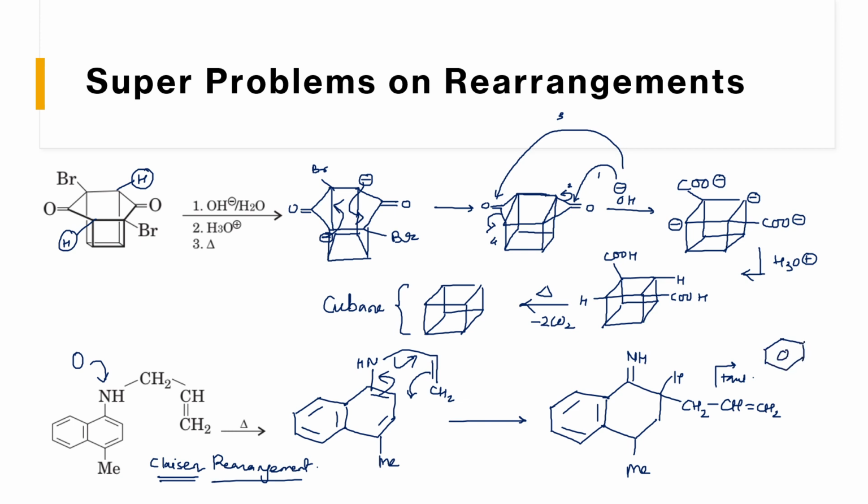It will create something like this: NH2 CH2 CH double bond CH2. Okay. So Claisen rearrangement हो जाएगा अगर even if oxygen is not present, when nitrogen is NH is present, then also Claisen rearrangement takes place.